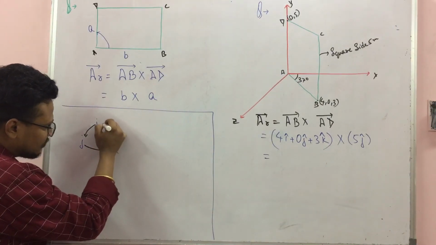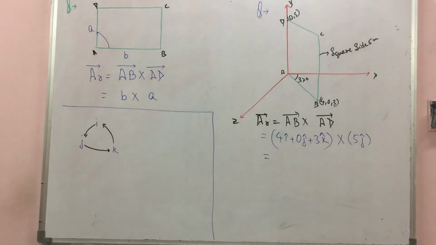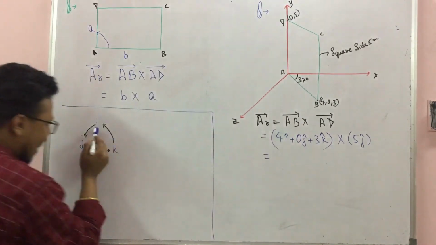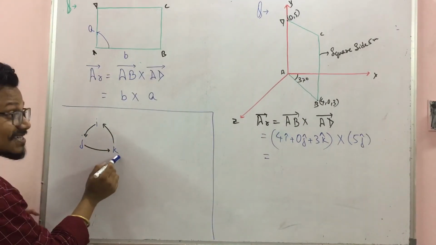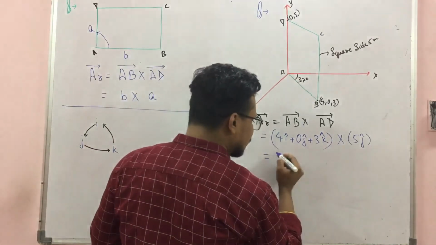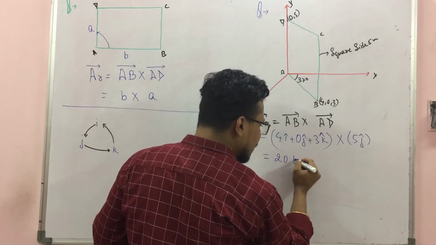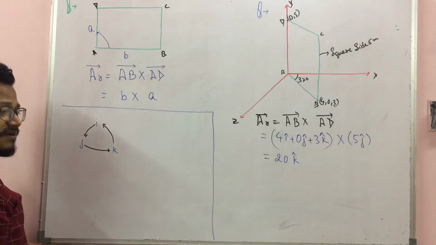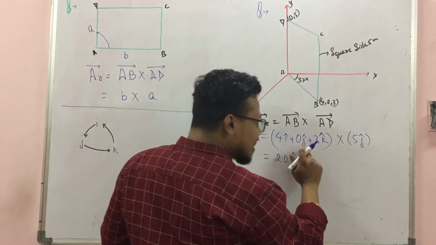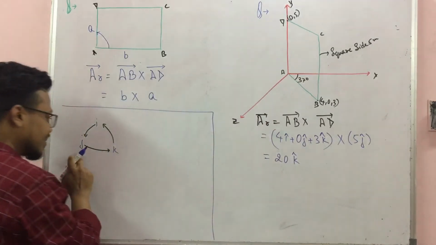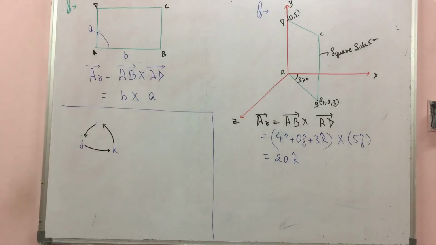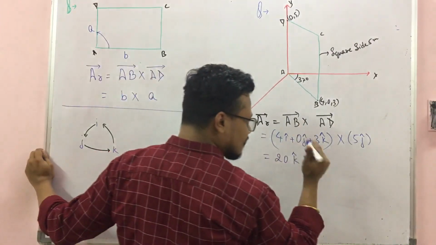If you are moving along the arrow, i cross j is k. So 5 fours are 20 k cap. Then j cross j is 0, it finishes.